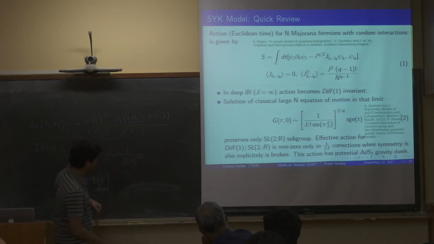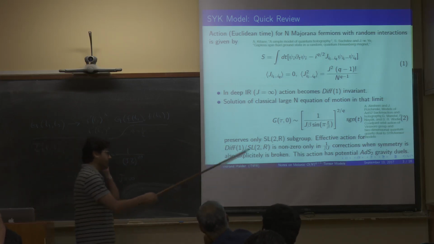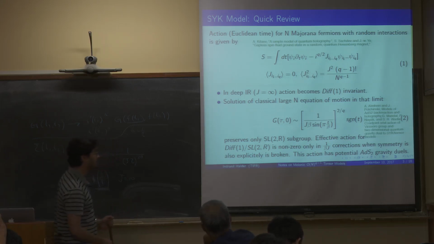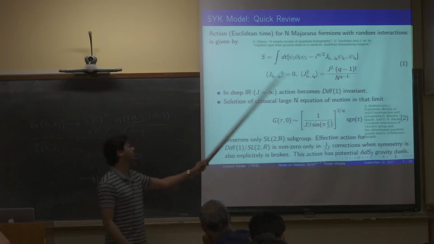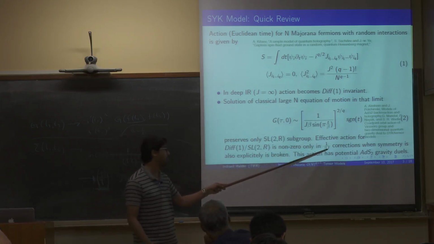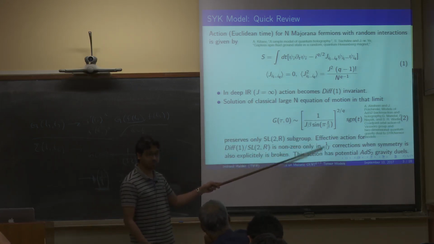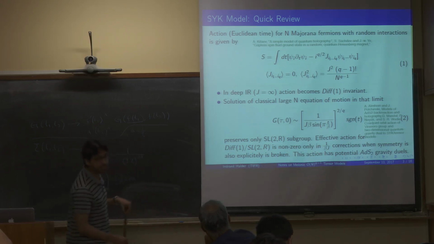At j equal to infinity, the action for these generators is just 0. To get a non-zero action, you have to break this conformal invariance and go a little bit away from j going to infinity. So at order 1 by beta j, you will get something non-zero for these modes.